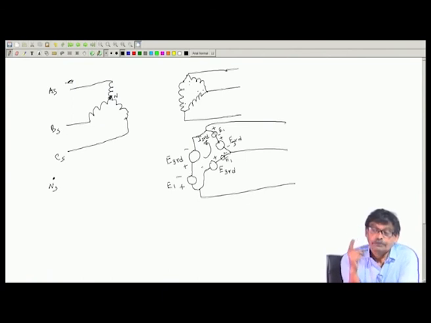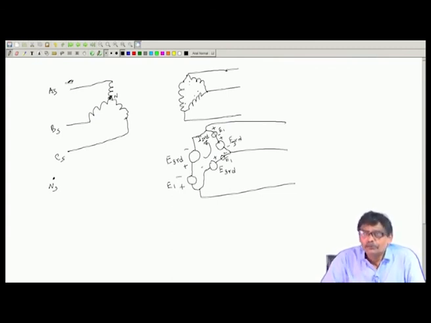So, what all you have to see is this, although here neutral is not connected, the fundamental 50 hertz component of current is drawn from this side, and the third harmonic component of magnetizing current can circulate here. Therefore, flux will be reasonably sinusoidal, and your line to line voltage available here, which will go to load, will be more or less sinusoidal. That is how qualitatively it can be explained.